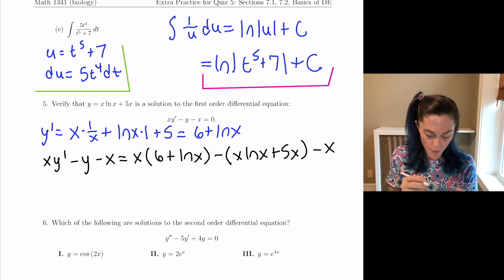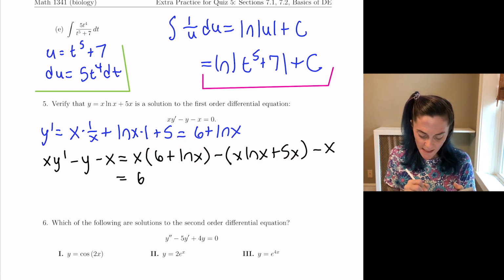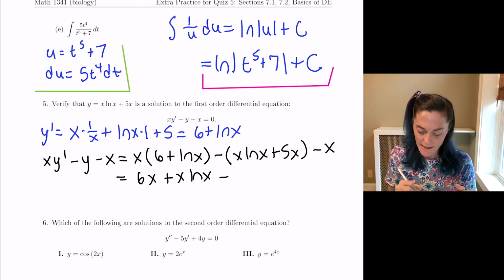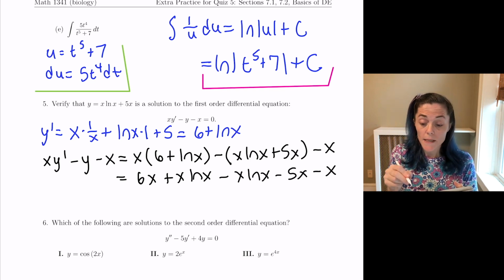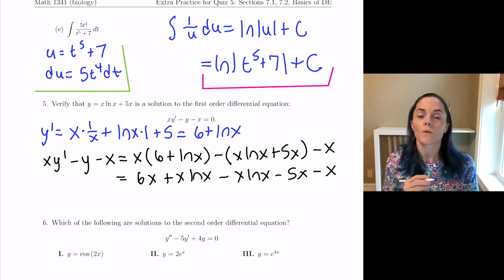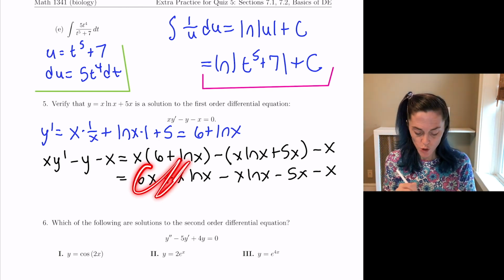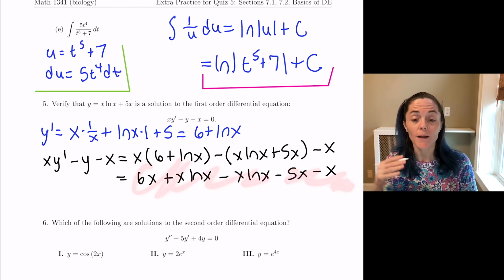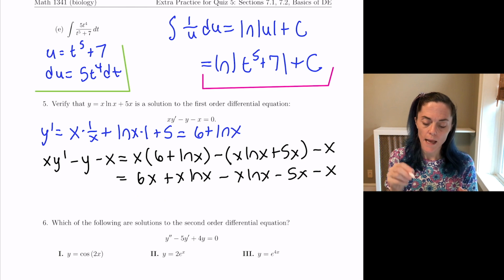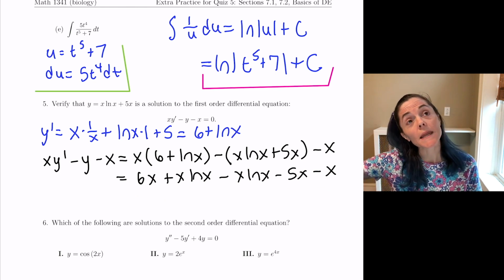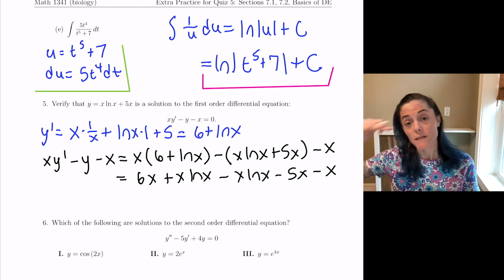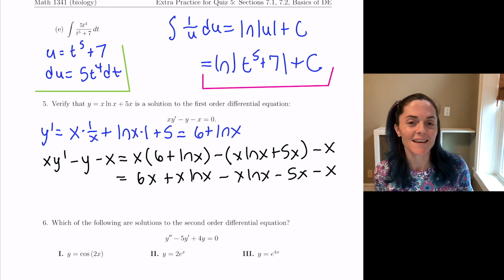Now here comes some algebra. We have 6x plus x ln x minus x ln x minus 5x minus x. Here's when I'm going to start underlining some things. So what I wouldn't do in your work, don't just cross everything off like this. I would underline things that add to 0, because generally, if you're submitting work to be graded, crossed off work says don't grade this.